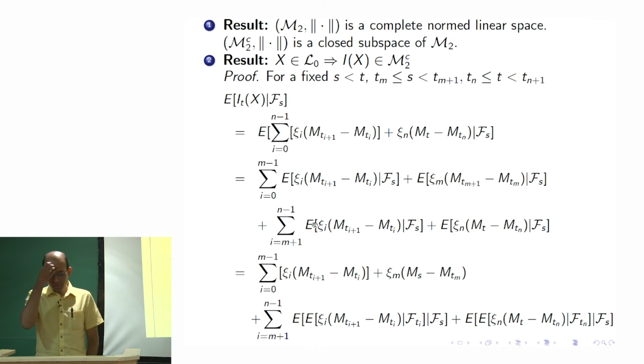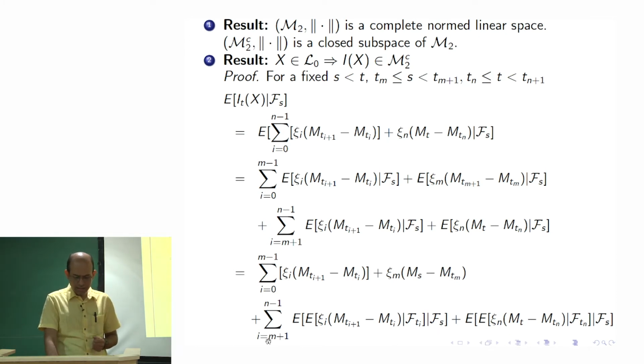Now, we talk about the last 2 terms. In the last but one term, when i is equal to m plus 1 to n minus 1, the expectation of xi_i times M_{t_{i+1}} minus M_{t_i} given F_s, what we do is another conditioning in between, using the tower property of expectation. So, what we are doing is writing the inside as the expectation of xi_i times M_{t_{i+1}} minus M_{t_i} given F_{t_i}.